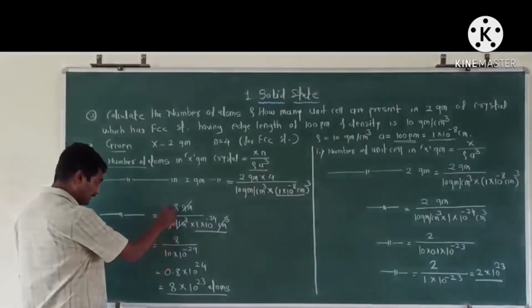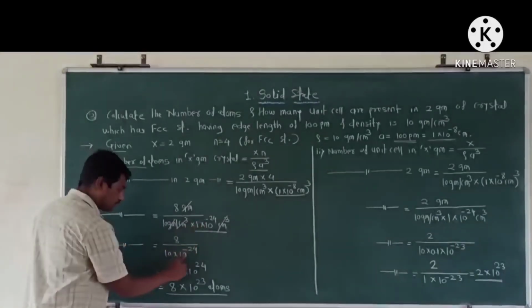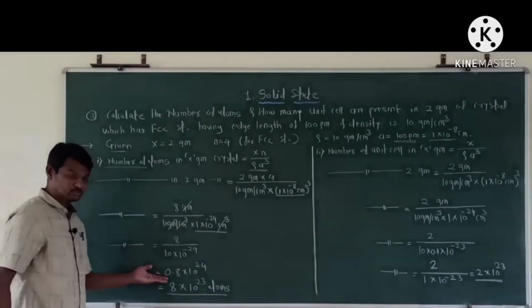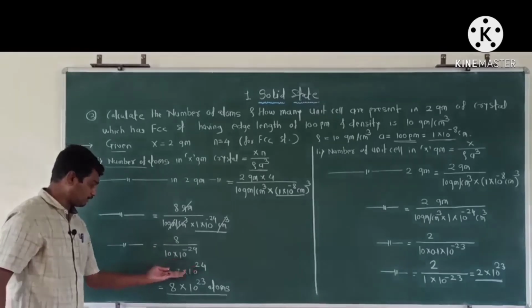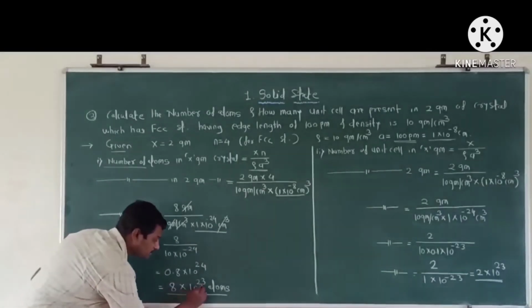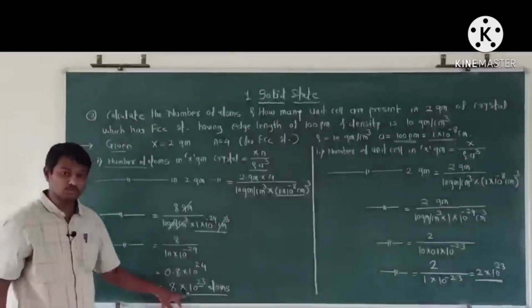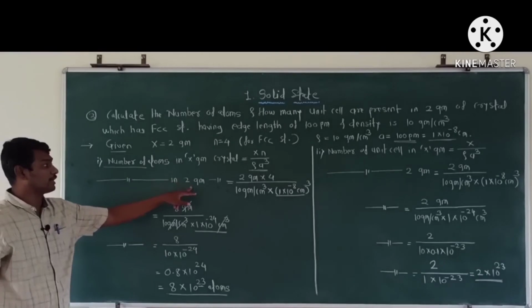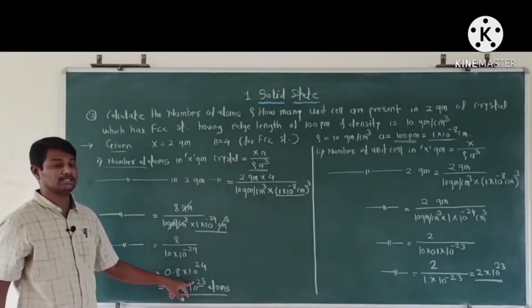Now 8 remains here, 10 into 1, that is 10 into 10 raised to minus 24. After solving this we get 0.8 into 10 raised to 24, and converting this 24 into 23, the final answer is 8 into 10 raised to 23 atoms. That is, the number of atoms in a 2 gram crystal is 8 into 10 raised to 23 atoms.